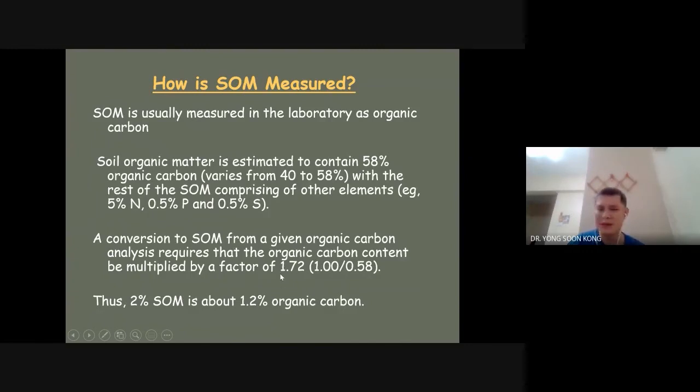Well, of course, there are plenty of debates still going on whether this is accurate or not, but so far, for secondary and also university level, pre-university level education, we still stick to this factor, okay? Okay, so to know this, whatever the soil organic matter that you have, you divide by this 1.72, and then you have the amount of soil organic carbon. I think you did it before, so I don't need to explain too much to you, yeah.